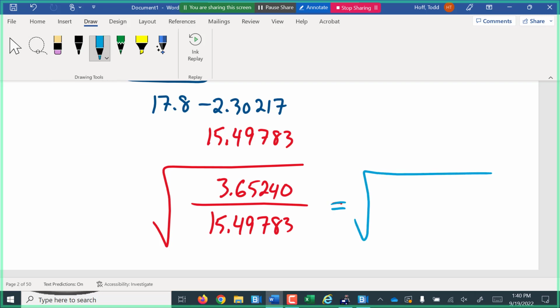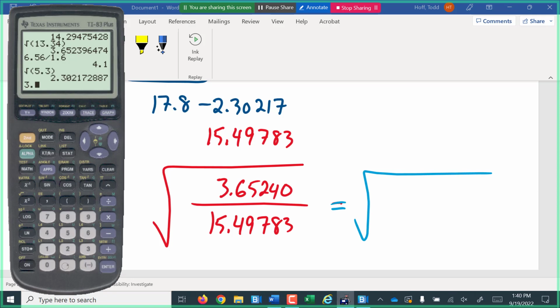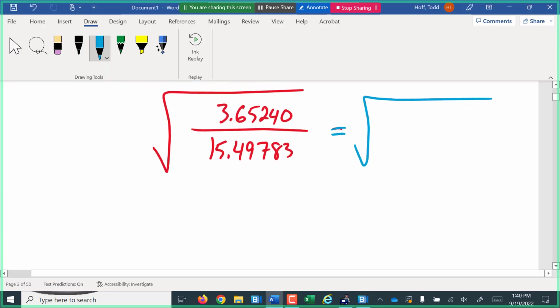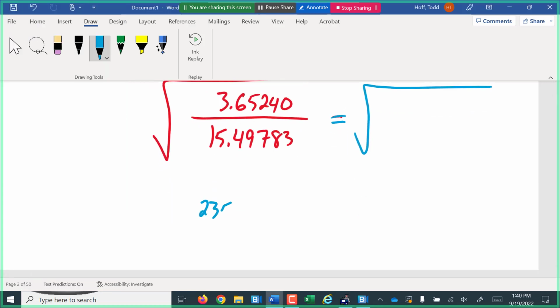So we're going to divide that: 3.65240 divided by 15.49783. Now again, we want to divide this to 2 digits past our final answer, so 2 digits past the thousandths. So that's what? 0.235671.